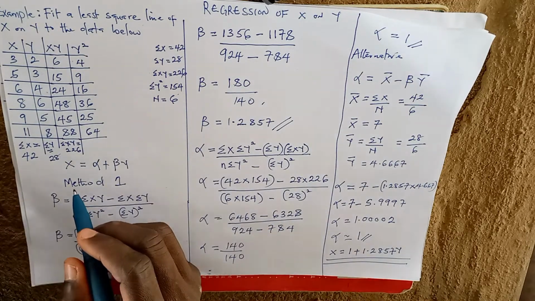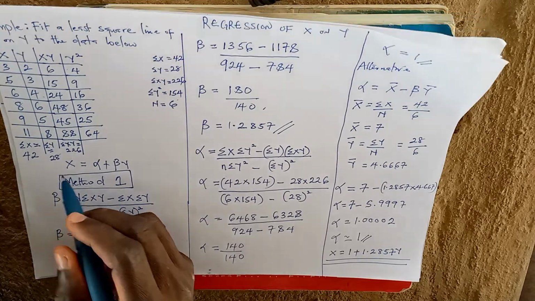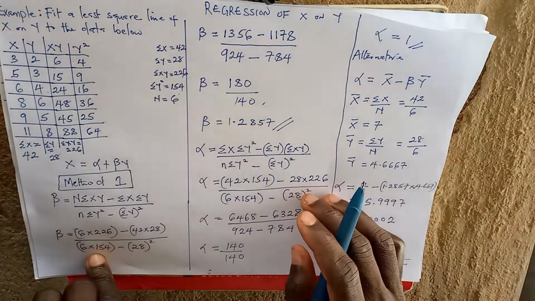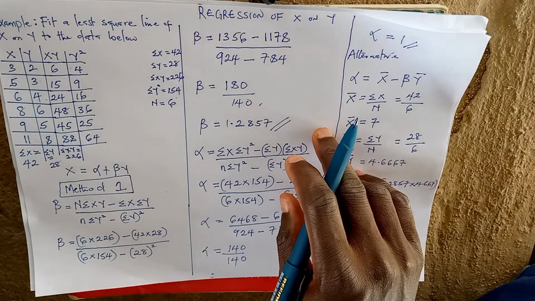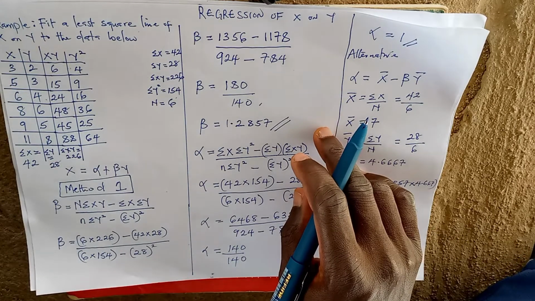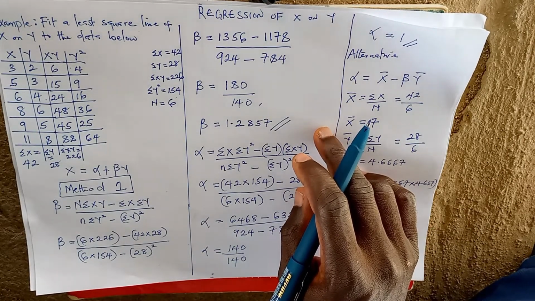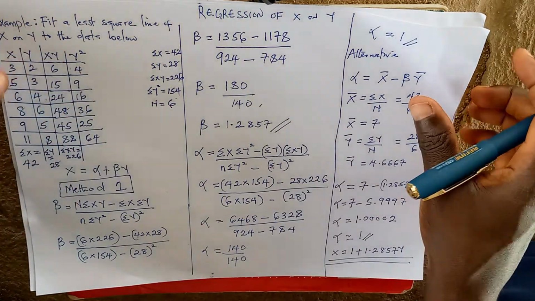Now this is our first method of solving that. Now we're going to look at another method of solving it and see if we're going to have something similar to what we've already solved.